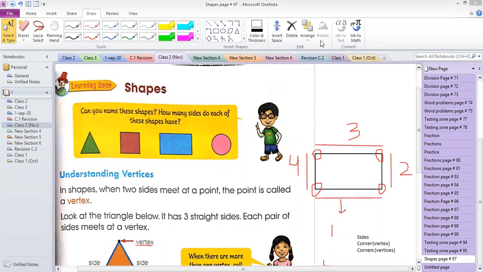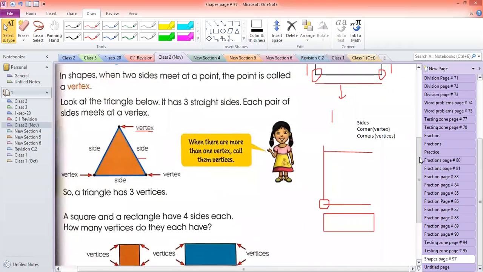Okay, guys. Now, I was telling you, if we talk about one corner, we say vertex, and when you talk about more than one corner, we say vertices. All right. Now we will see. I hope you know what a corner is, what a vertex is, and what a side is.